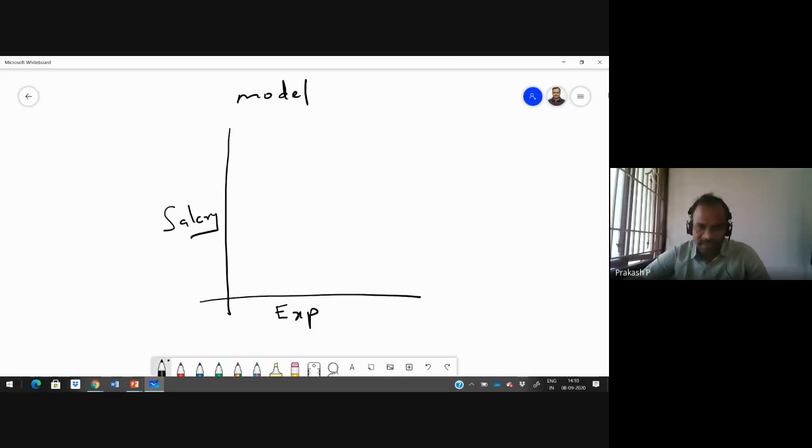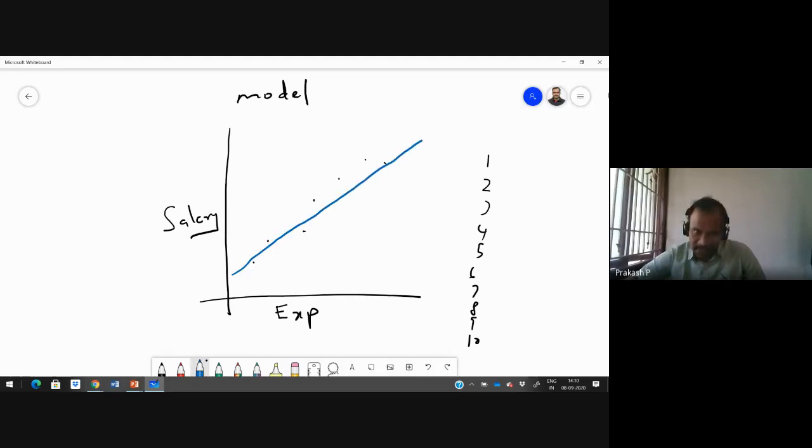So for example, we have some data set, say 1, 2, 3, 4, 5, 6, 7, 8, 9, 10 data points. For all 10 data points, I marked the points here, there, and there. Once we find the straight line equation, the straight line may come like this, with slope and bias.